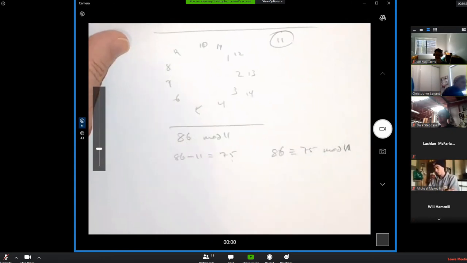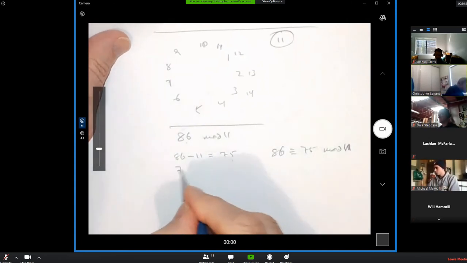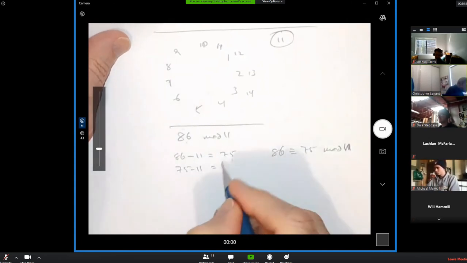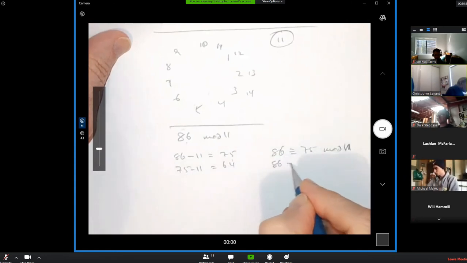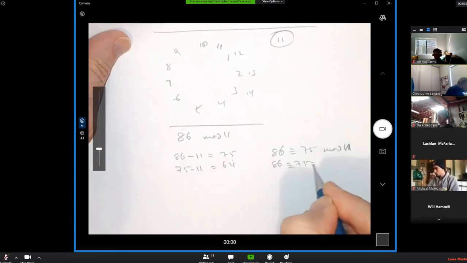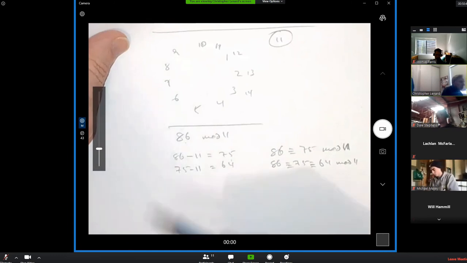But 75 is still pretty big, so you might say, oh, 75 minus 11 again is 64. So 86 is congruent to 75, and also congruent to 64 mod 11. And you could just keep on going down, and that'd be another way.